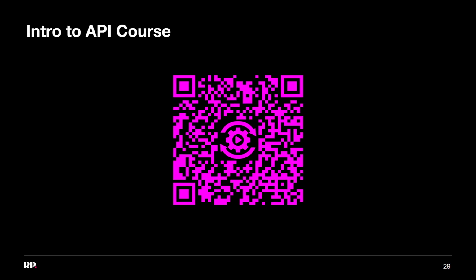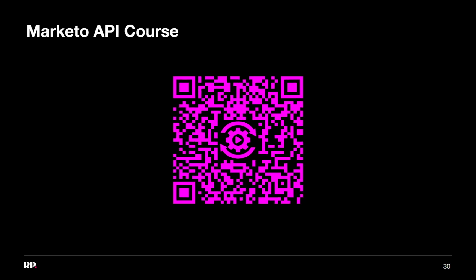And then if you want to learn more specifically about the Marketo API, there's a follow-up course that walks you through how to interact with Marketo assets via API, how to extract activity information using the bulk export API, how to merge leads, how to clone and create programs, all that good stuff. And lots of people at Revenue Pulse have taken this Marketo API course, so they're all experts in it now. It's very well vetted by the Revenue Pulse team.